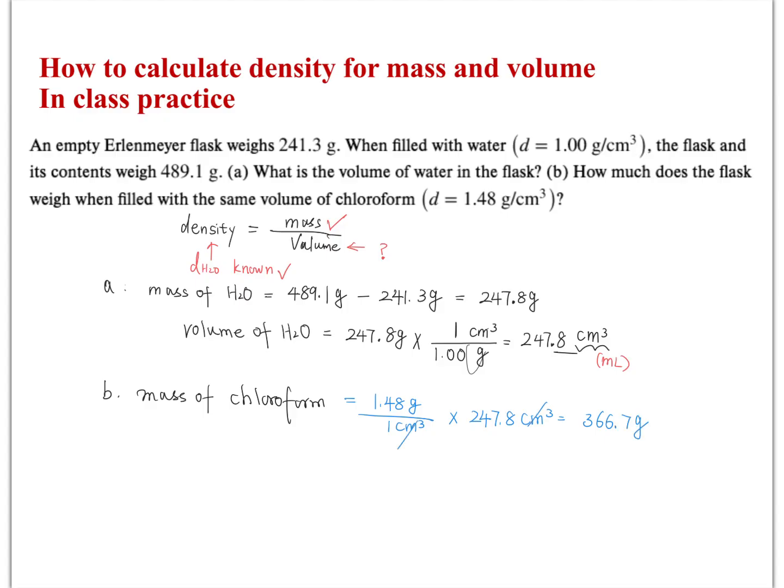You can cancel out the cubic centimeter. Now we know the chloroform mass, so the total mass will be the content inside the flask plus the original mass of the flask. That gives us 608.0 grams. So that is how we use density, mass, and volume and their relationship to solve the problem.